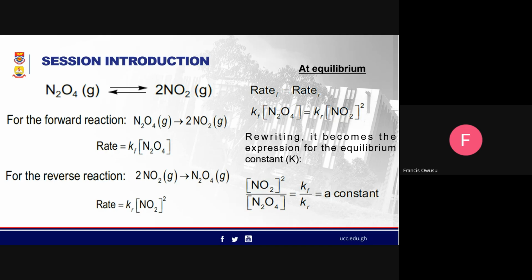Doc, my question is, why is it that the concentrations tend to be raised to the power of the coefficients? I'm saying that in every reaction we have what we call a reaction mechanism. It goes through some steps.